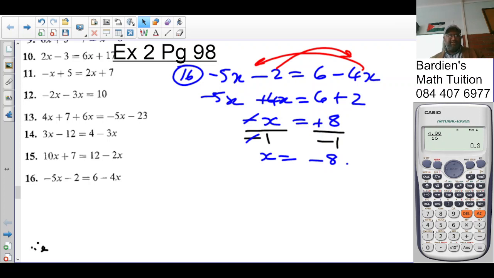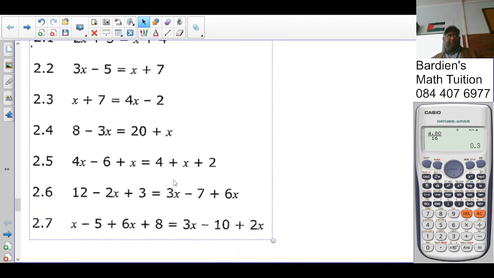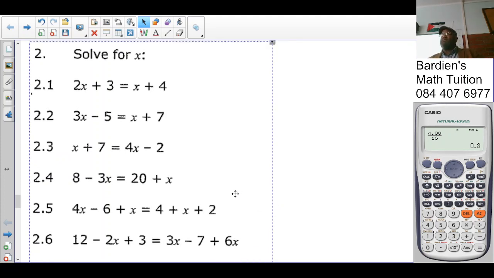Okay, listen. So what I'm going to do is I'm going to take a few sums out of a different textbook. Here are 7 sums, okay? So I'm going to give you a chance to answer them now. Just write more examples on equations, okay?